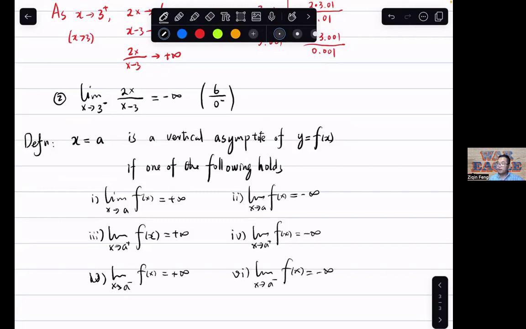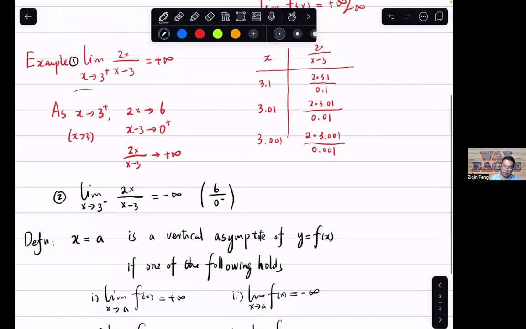If either one of these happens, this is a vertical asymptote. You can see that by our discussion above. A good example is our calculation here. Suppose this is our function.